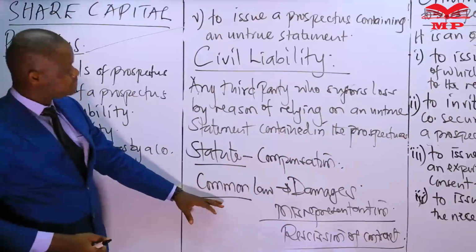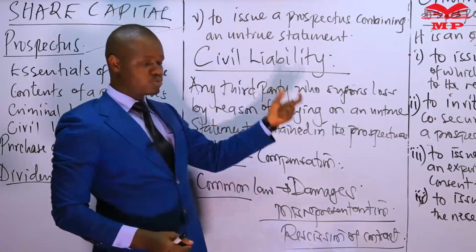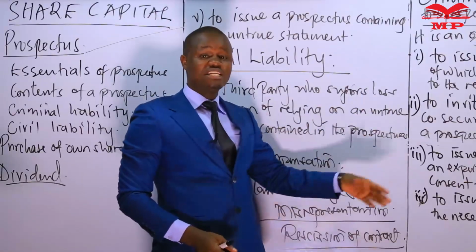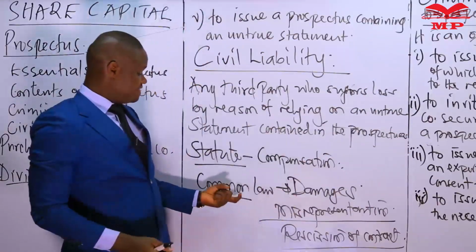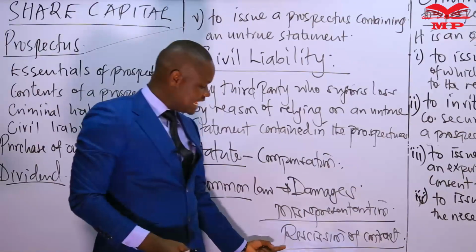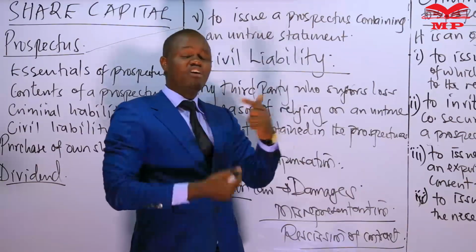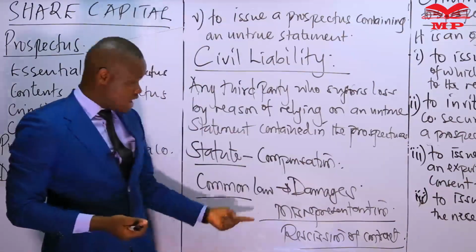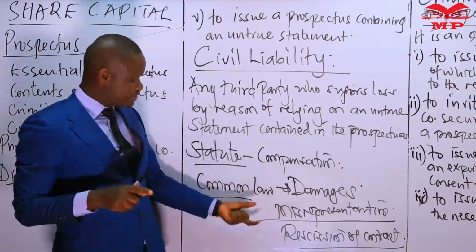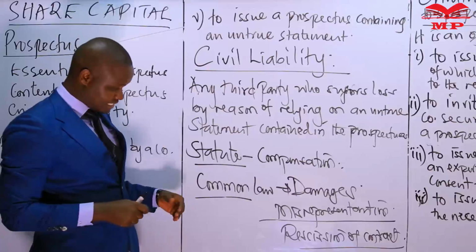That at common law, I bought shares on the faith of a statement that was contained in the prospectus, and this statement has now turned out to be untrue. The innocent party, the suffering third party, may be claiming rescission of contract. I want to rescind the contract of purchase of shares on the basis of the misleading statement contained in the prospectus.